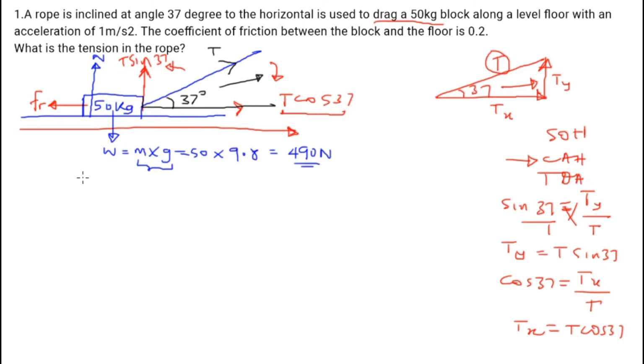The next thing to do is to find the summation of the forces on both axes. So the summation of forces on the y-axis, which in other words means the net force on the y-axis, is equal to, and don't forget that the net force is a vector summation of the forces, that is the vector sum of all the forces. So I'll be adding the forces with their direction.